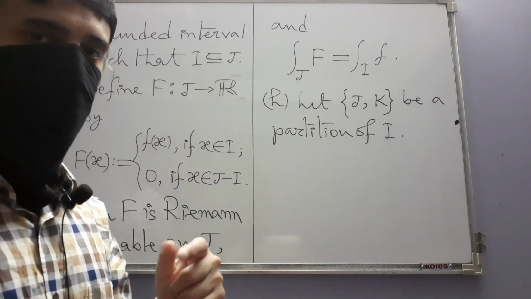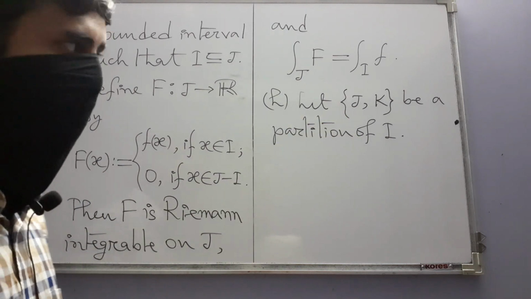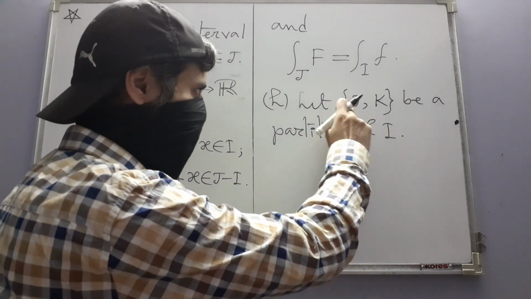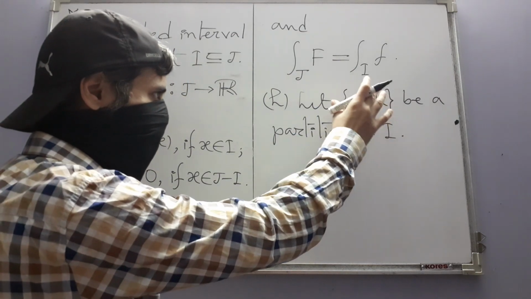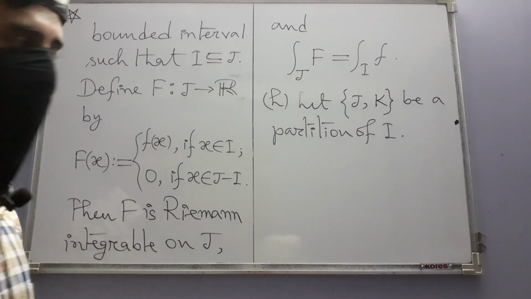They themselves have to be bounded intervals, all those things, and each point of I belongs to exactly one of them. So this is a partition having two elements, a partition of I.